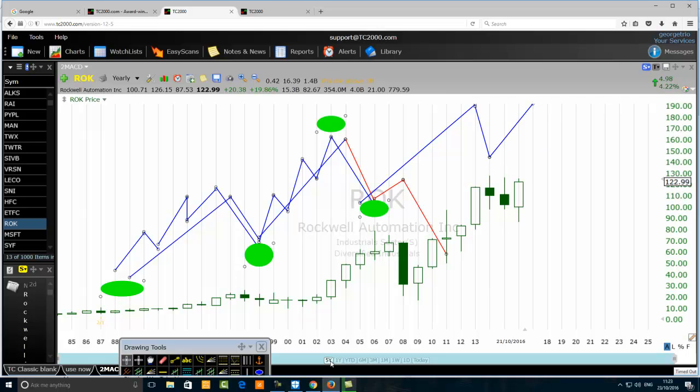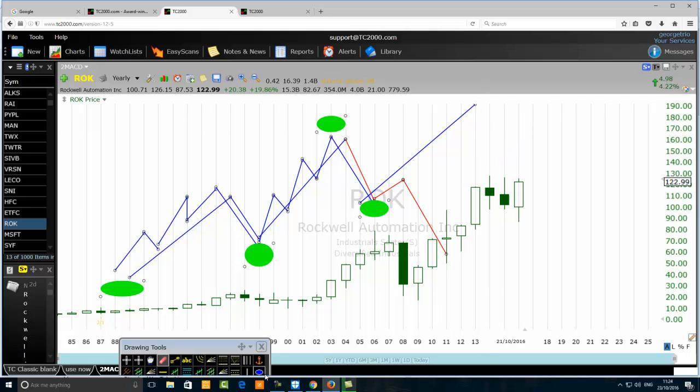Looking at the bigger cycle, the higher degree wave count, they will say this 1, 2, 3, 4, 5 wave is the first wave, second wave, a third wave, a fourth wave, and now the fifth wave.